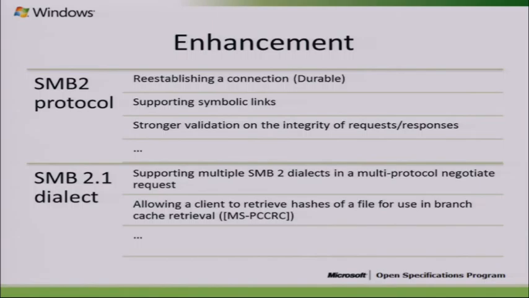The SMB 2.1 dialect introduced multiple SMB2 dialects in the multi-protocol negotiate request, and also allows a client to support a branch cache as specified in the PCC-RC document. There are also many other enhancements introduced by the SMB2 protocol and the SMB 2.1 dialect that are not listed here, but you can refer to the SMB2 protocol technical document for details.